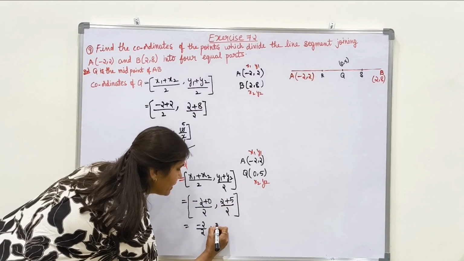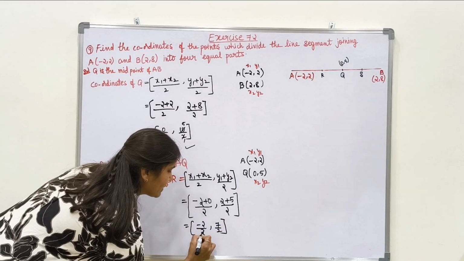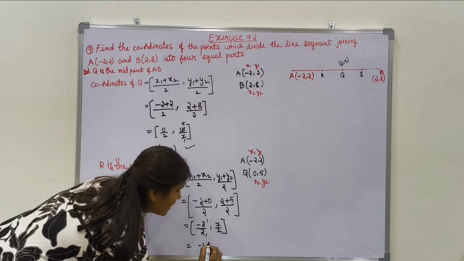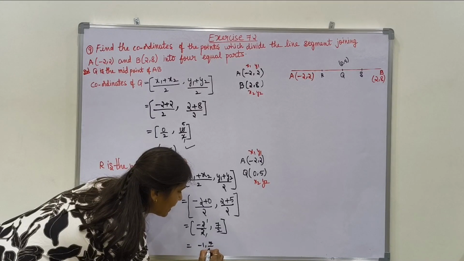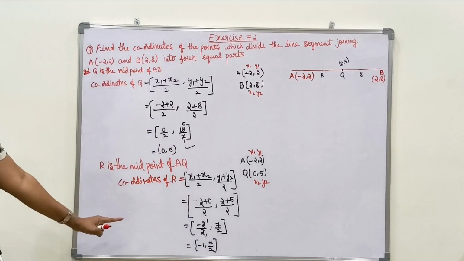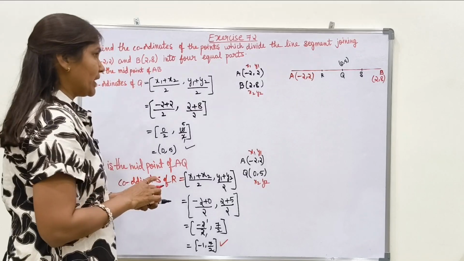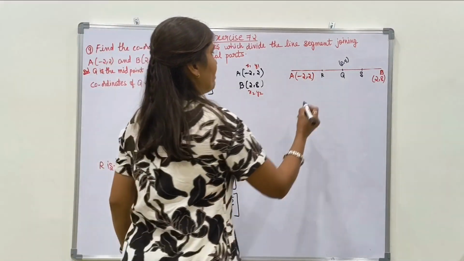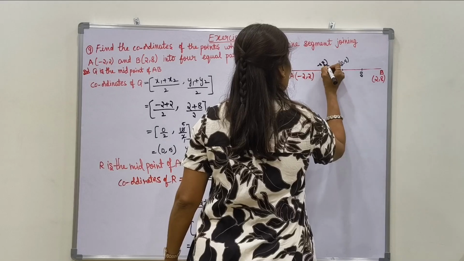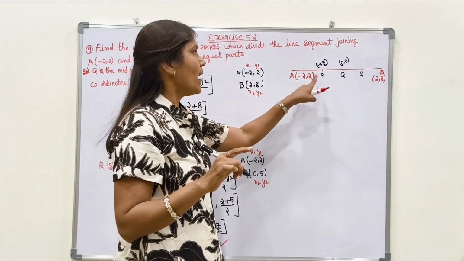This answer you will get 7 by 2. Again, simplification is possible. Cancel this one. 2 ones are 2, 2 ones are 2. So this answer you will get minus 1, and 7 by 2 is the answer. This answer is minus 1, 7 by 2. Which coordinates? R coordinates. So now we will write here R coordinates are minus 1, 7 by 2. This is the second answer.